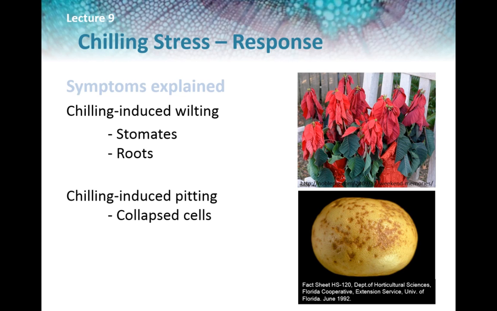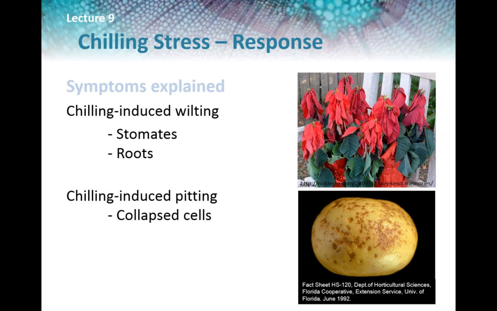If the chilling persists long enough for the roots to cool, which is more common in potted plants, they can be another site of altered water relations. Chilling can decrease hydraulic conductivity through contraction of the membrane from greater order of lipid molecules, leading to restricted movement of small molecules through the membrane.